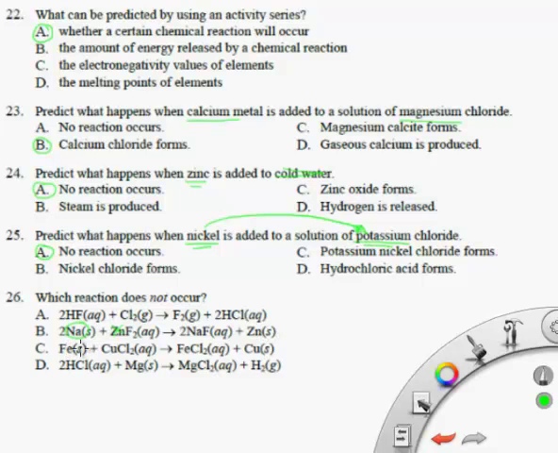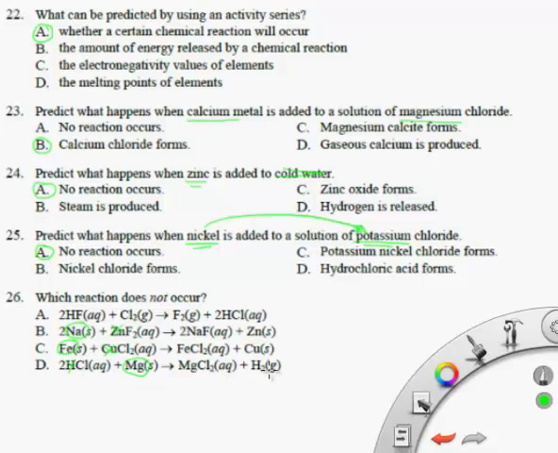Here, we've got iron trying to displace copper. Is iron higher on the activity series than copper? It is, so it will displace the copper. The copper will leave. We'll have iron(II) chloride and copper precipitate. Next question, HCl plus magnesium. Is magnesium higher than hydrogen? It is, so that reaction occurs.